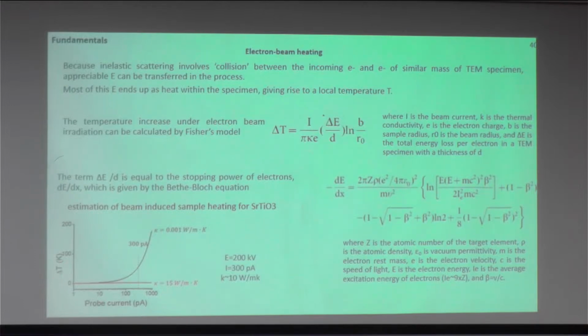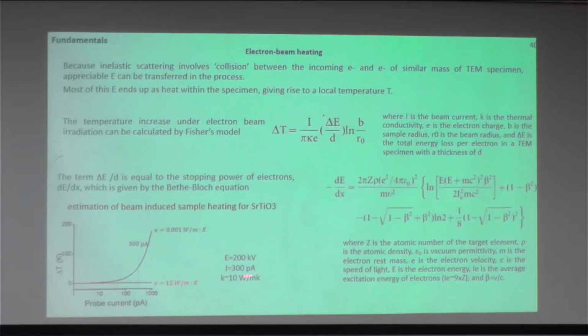This is the difference in temperature, showing the temperature rise in your specimen. And this is the thermal conductivity of the specimen, which is one of the main factors here. Also beam current, but if we fix beam current and electron beam energy, we can vary a little bit the thermal conductivity of strontium titanate, which is in the range of 10 watt per meter kelvin.